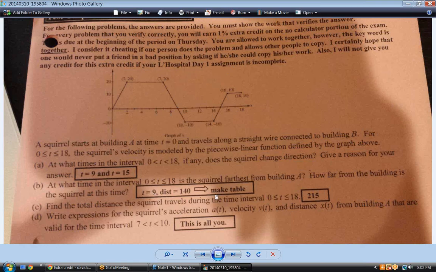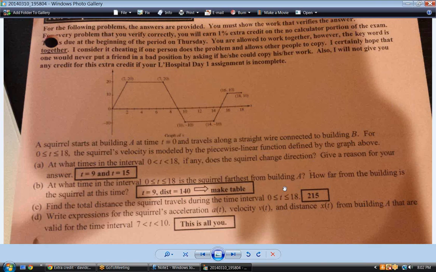Okay, at what time in the interval is the squirrel furthest from building A? Well, furthest away from building A means maximum displacement, right? Mm-hmm.